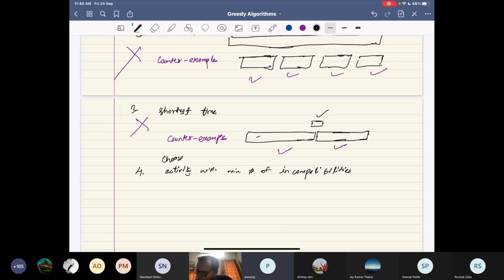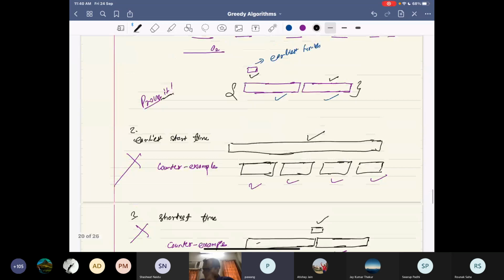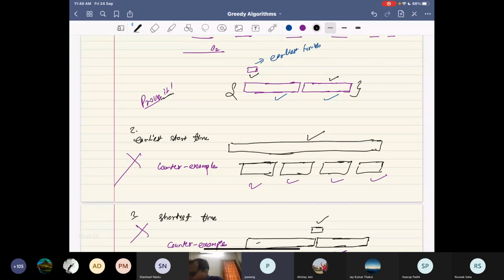Choose an activity with minimum number of incompatibilities. Let's see in our solutions. Am I anywhere already finding a counterexample? Okay, do I find a counterexample here? No. This is the activity with minimum number of incompatibilities.